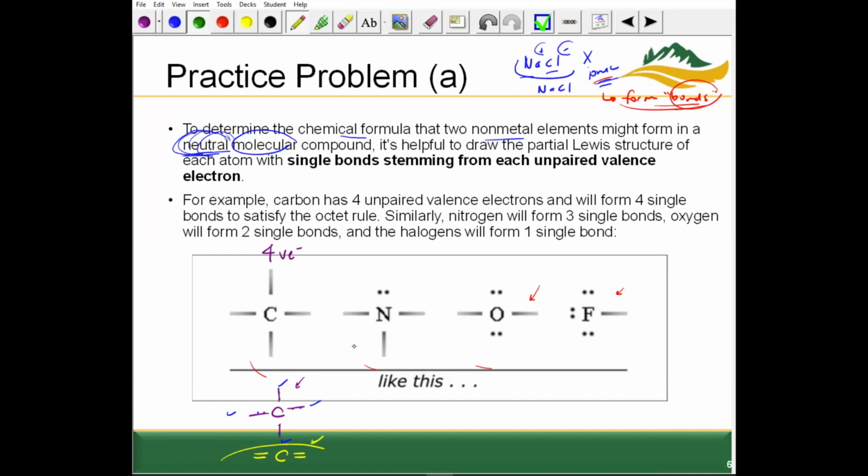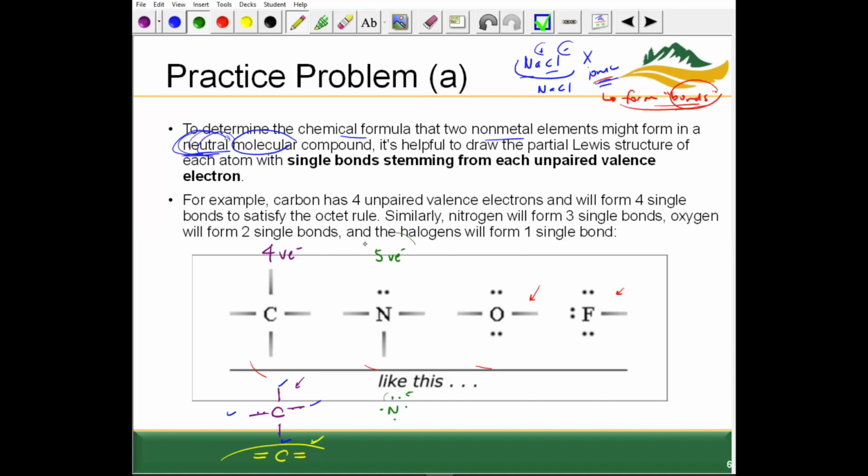Nitrogen, based on its placement in the periodic table, has 5 valence electrons. 1, 2, 3, 4, 5, so we double up. What you'll start to notice is if we have a lone pair of electrons like this, that lone pair typically does not participate in bonding.